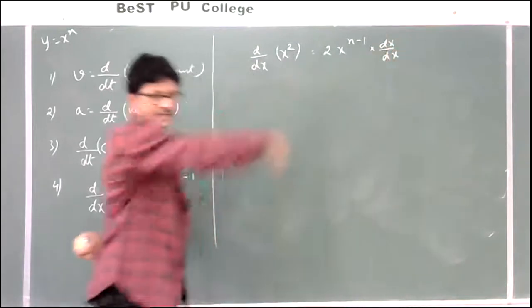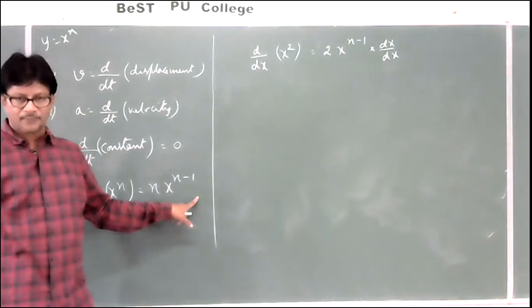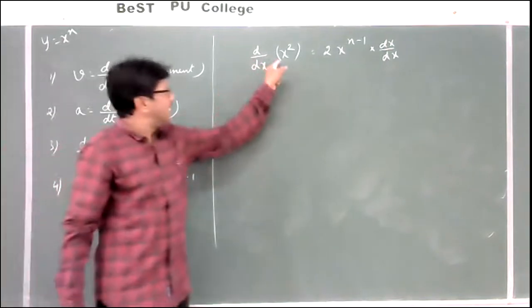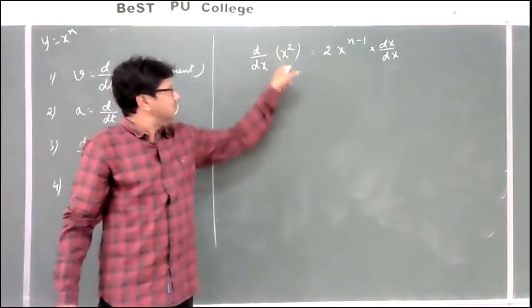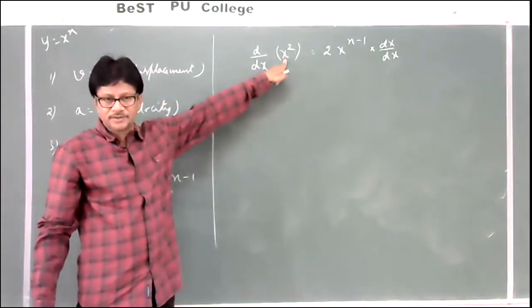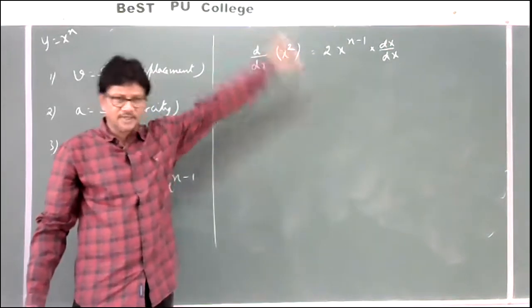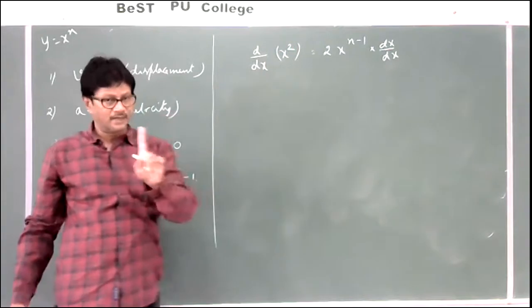That cancels and we will get 1. That's why I am not writing it here. So first this entire term makes use of this formula, then we differentiate dx by dx, which cancels and gives 1.